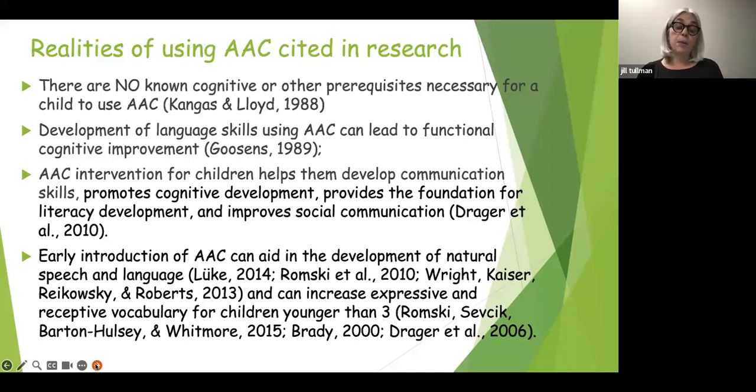And then this is probably one of my favorites: early introduction of AAC can aid in the development of natural speech and language, and it can increase both receptive and expressive vocabulary for children younger than 3. So it is never too early to start introducing augmentative and alternative communication.